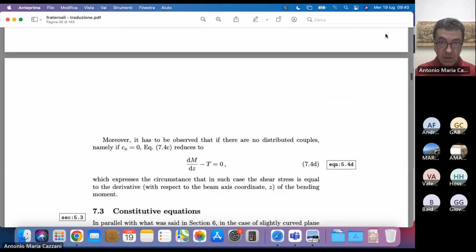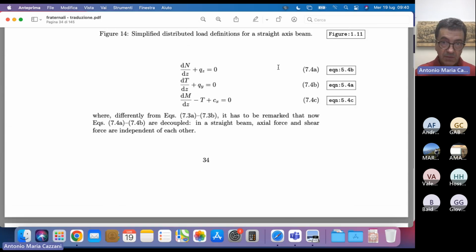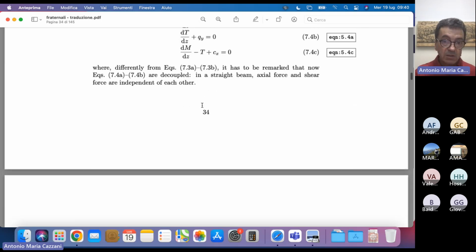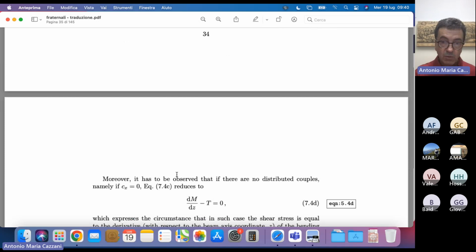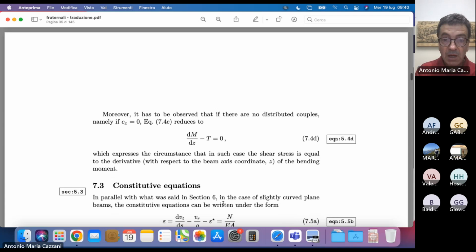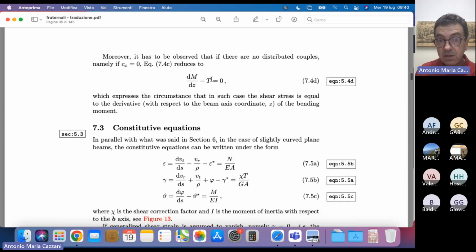In particular, if we look at the last equation of equilibrium here, in the absence of distributed couples, we get the fundamental relation between the derivative of the bending moment and shear, which tells us that shear force is exactly the derivative with reference to the axis line of the bending moment.